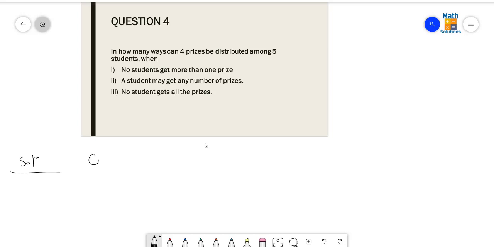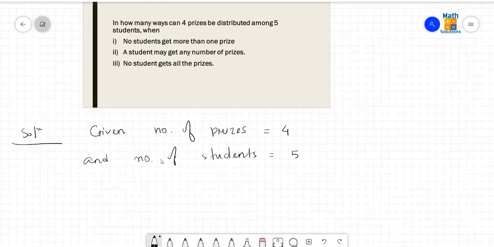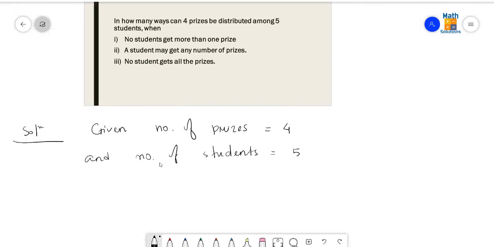Given: number of prizes is equal to 4 and number of students is equal to 5. Here in this case, the first and foremost thing that we have to keep in our mind is what? No student can get more than 1 prize. That is the first question.